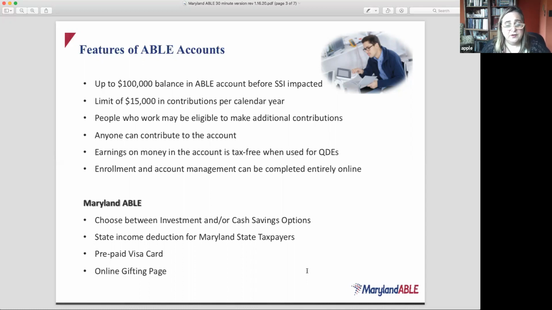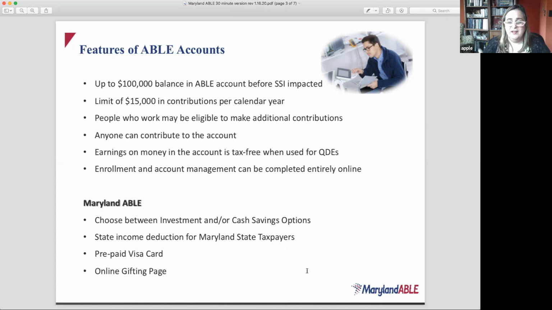We also offer an online gifting page, which is a really nice feature for folks that are saving for something in particular that they would like some support saving for. I know we've seen some people use this as a way to save for a car or for their first month's rent. And it gives people the opportunity to contribute to the ABLE account in a very confidential way.